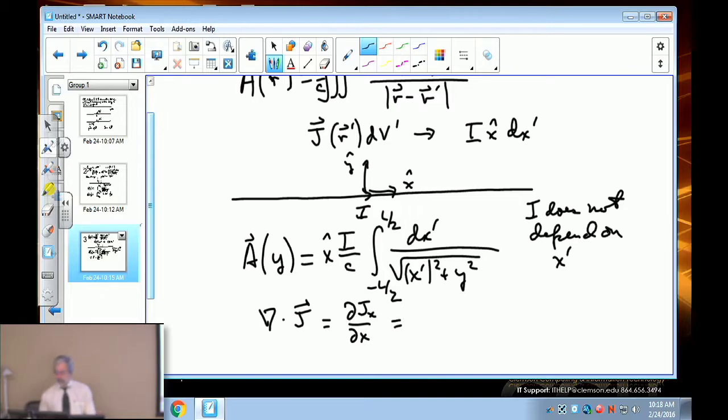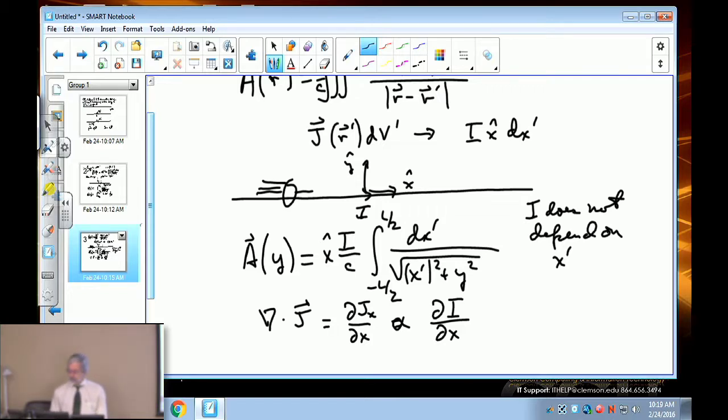And so this would be proportional to the derivative of I with respect to x. So in other words, if I have a bunch of current flowing here, but then only a little bit of current flowing here, then I must have charge building up there, right? Because it stops flowing, and that means the charge is going to be building up. So the magnetostatic condition requires that the current in this wire has to be the same all along the length of it.